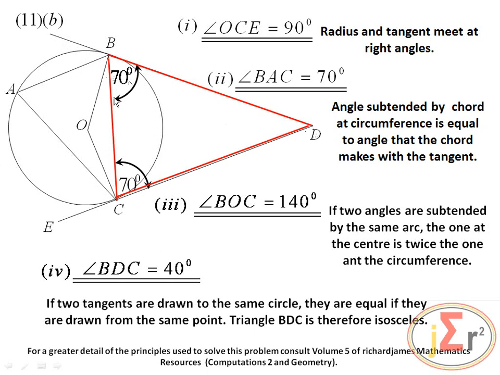Therefore, at the point of tangency, we have from D to B is equal to from D to C. So we have an isosceles triangle. So if this angle is 70 degrees, so is this one. So the one that we have down here is the rest of 180 degrees. So 70 plus 70, and we are going to subtract that from 180. Or we may say 180 minus 2 times 70, and that is equal to 40 degrees.